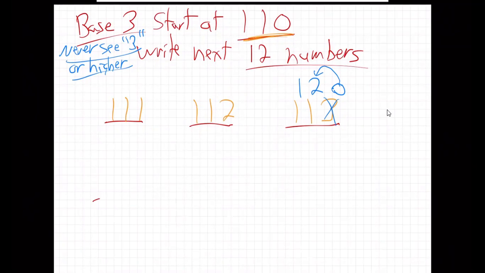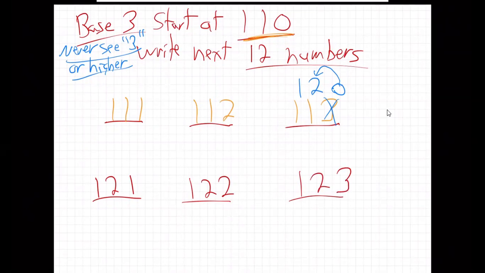Let's keep going. Let's do the next 3. After 120 comes 121, 122, 123. Hold up. You can't write a 3 in base 3. So instead, write a 0, carry. 130. But hold up again. We can't have a 3 anywhere, in any place.